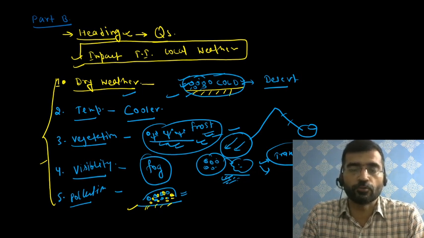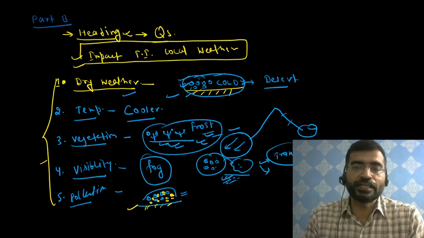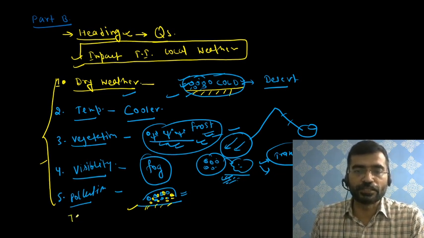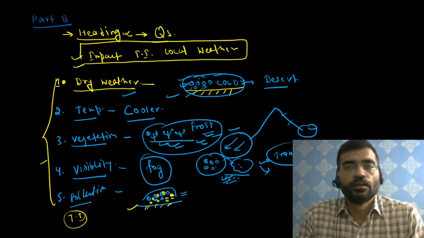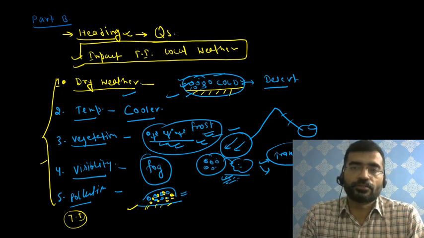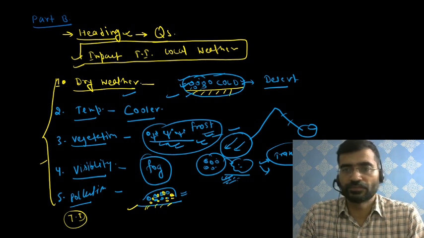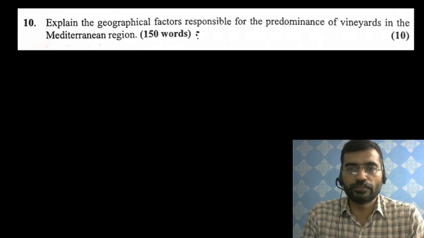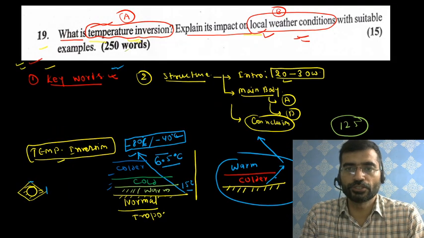You may add more points. Again, you may highlight in conclusion that temperature inversion, though a short-term phenomenon, affects regions at large. Temperature and weather conditions are controlled by atmospheric conditions. That is the concluding line in the form of a conclusion. So this is how you write this question.